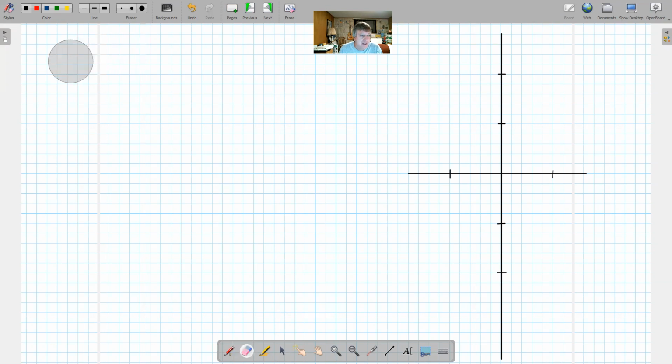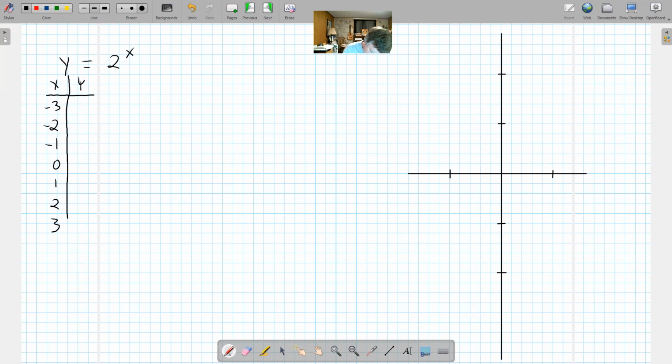I'm going to use black instead because it shows up better, at least for now. So y equals 2 raised to the x power. And I'm going to make a table where x is going to go from -3 to +3.